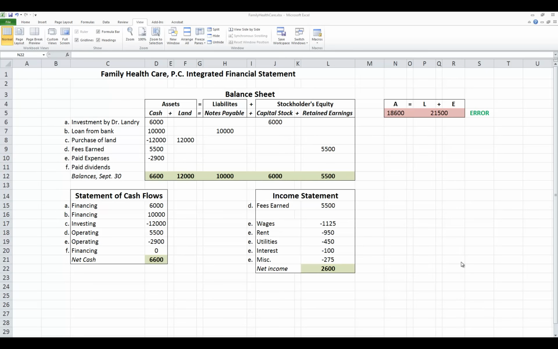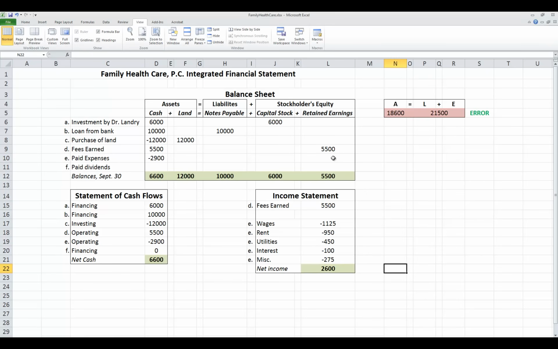Now, of course, that has to have some partner over on the right-hand side in our balance sheet. That's why we're getting an error in our accounting equation on the right. So, is that a liability? It doesn't have anything to do with a loan or anything like that. Is it capital stock? Definitely not. So, where is this going to come out of? Well, we're going to pay our expenses out of our retained earnings. Okay?